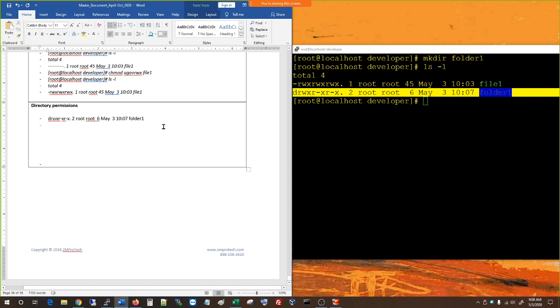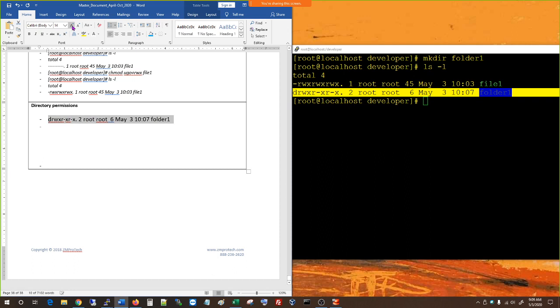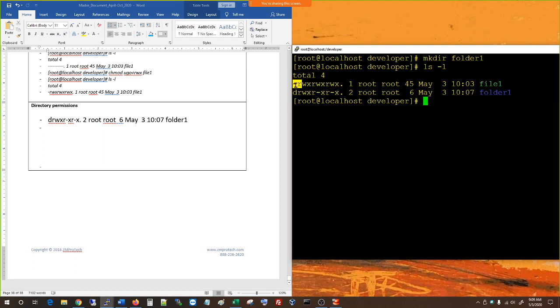So looking at the directory here, what do we have? Permissions. So let's see here. I'm going to raise this a little bit. Okay. So remember, for a file, this part here is blank, right?